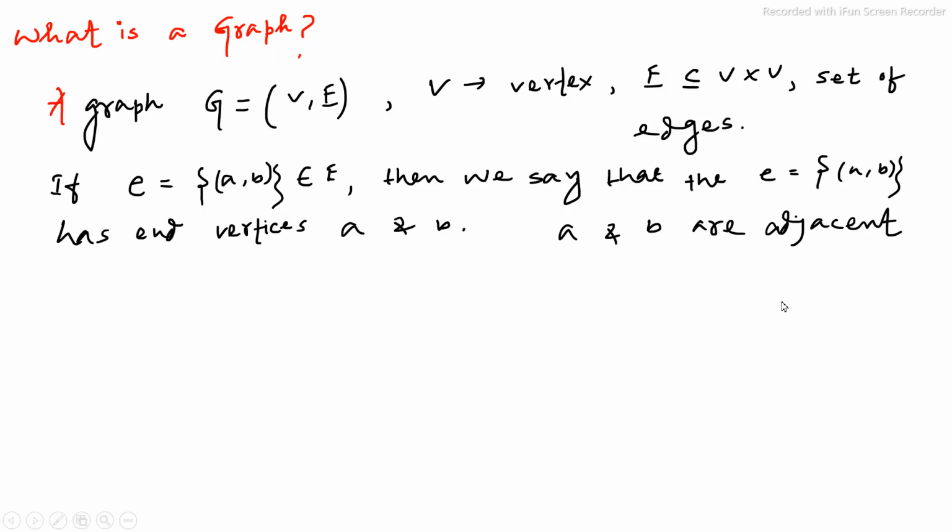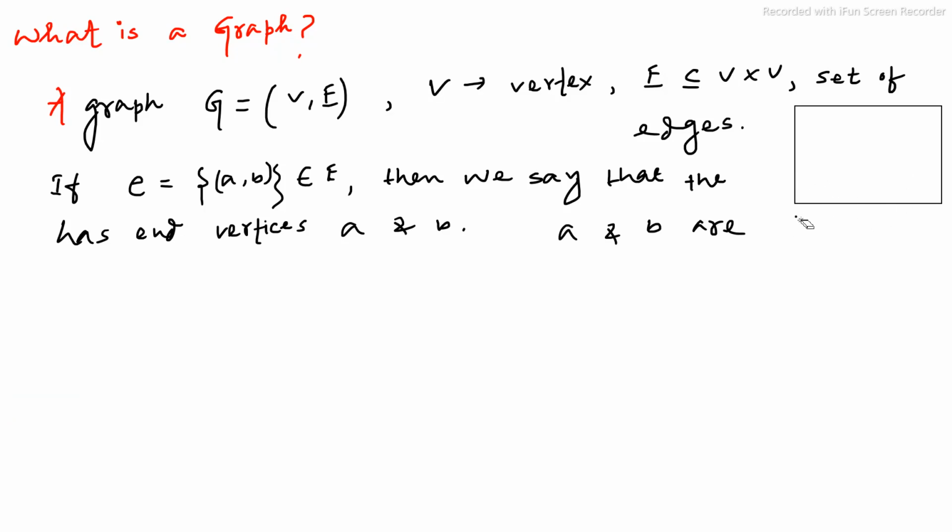Now, if we take a practical example, see this graph. This is a graph where vertices are also called nodes. Here in this graph there are four vertices or four nodes, V1, V2, V3 and V4.